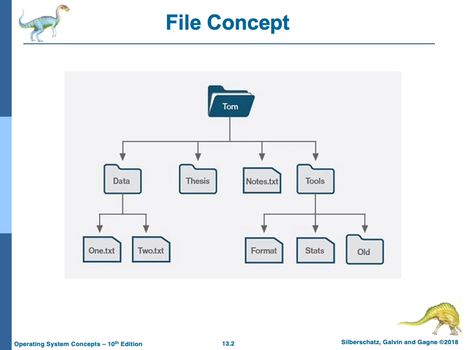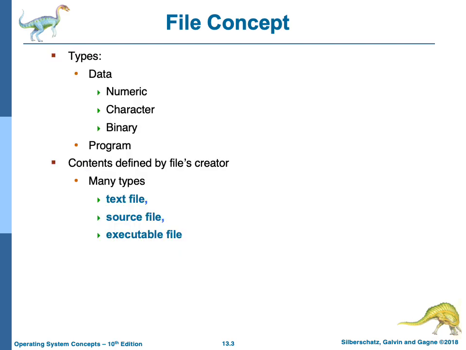And then the second part of the file system is the directory and the directory structure, which organizes and provides information about all the files in the system. Any kind of data can be stored in files, and of course the content is defined by the file creator itself. There are many different file types, for example, text files, source files, executable files.